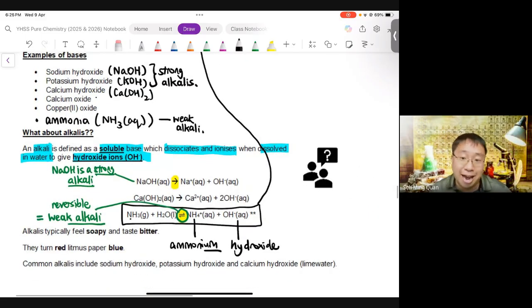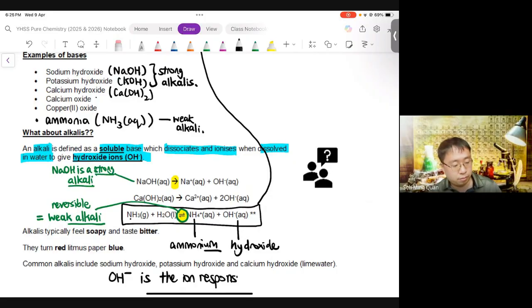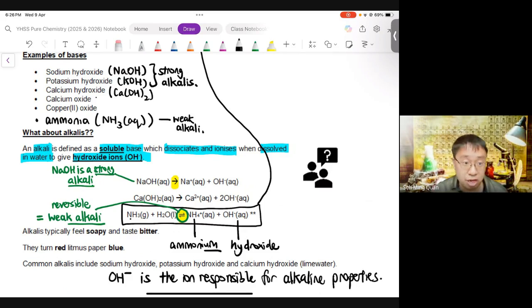So you see, I say hydroxide so many times, because hydroxide, OH minus, is the ion responsible for alkaline properties. If there is no OH minus, the pH will not be more than 7.